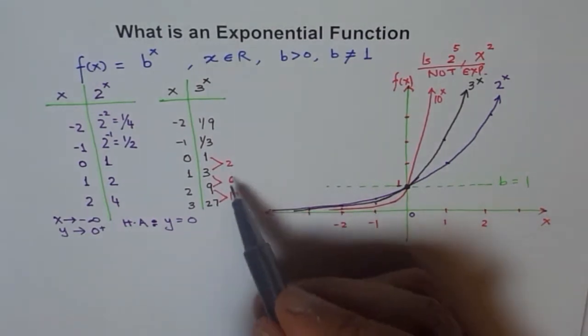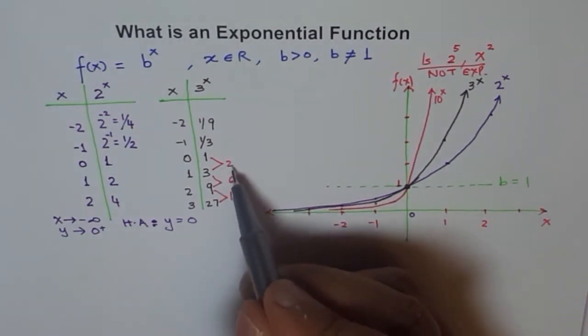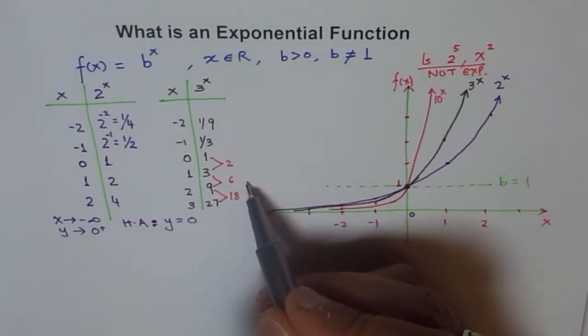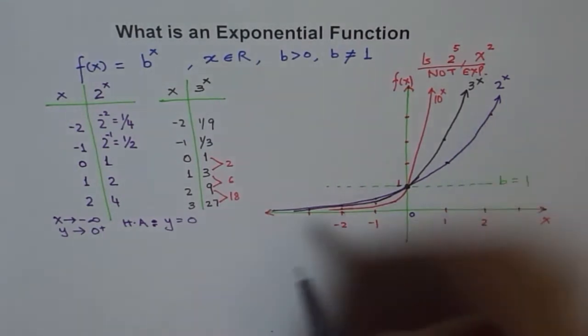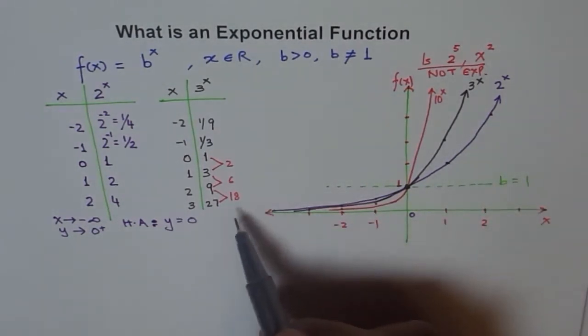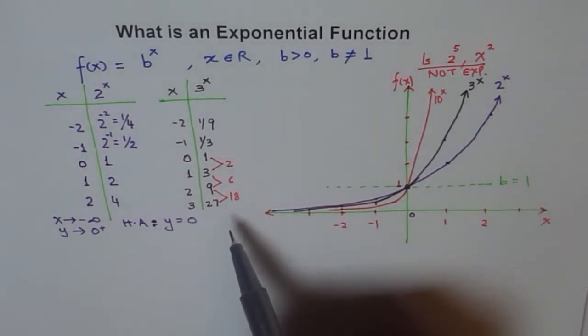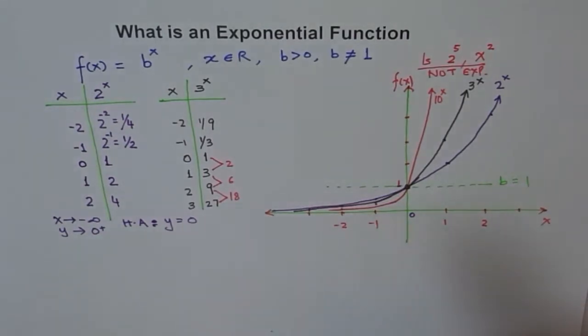Okay, this is my first difference. Do you see the first difference increases by a factor of 3? 3 times 2 is 6, and 3 times 6 is 18. So the higher it goes, the steeper it is. It increases faster and faster. That is what we mean by exponential growth. It increases very, very fast, or exponentially.